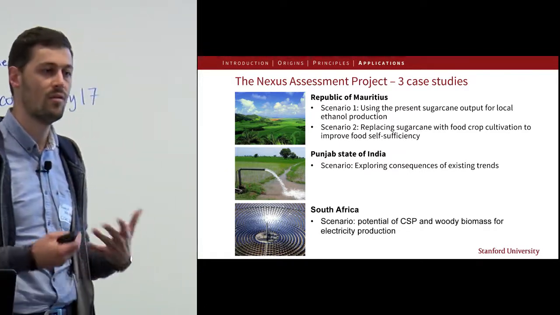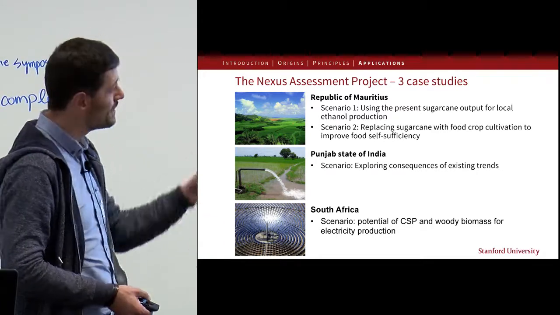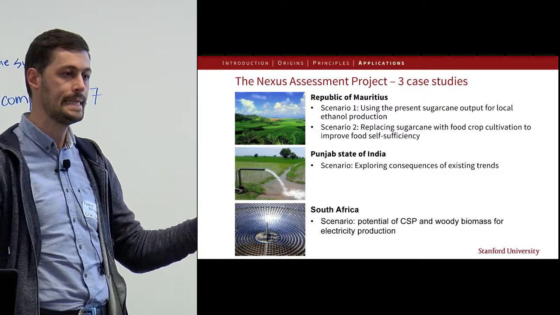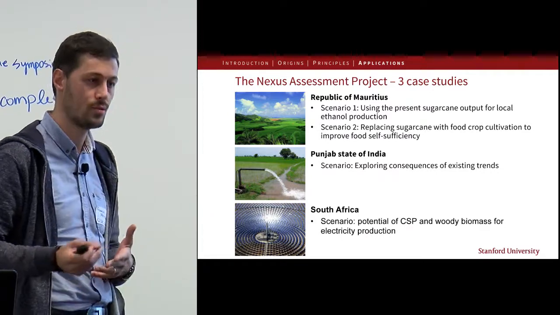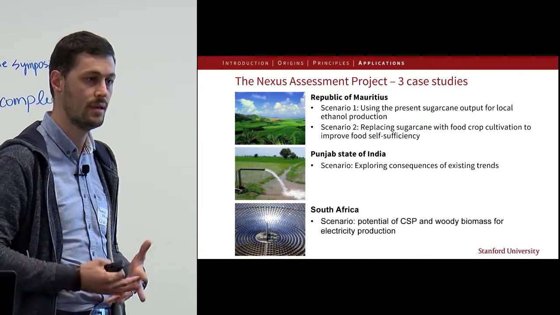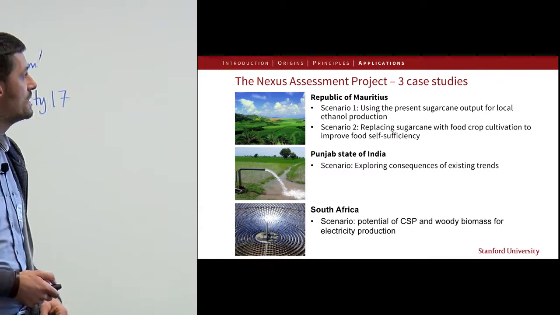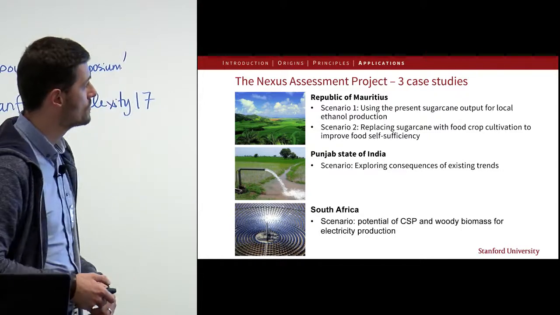They are basically providing the grain, especially rice, for the rest of India. So basically, the Punjab state is acting as an organ within India. They don't even decide the price of the rice they are selling to the rest of India because it's a forced internal market. So they cannot go outside of India to sell it. So we were looking at the consequences of those trends.